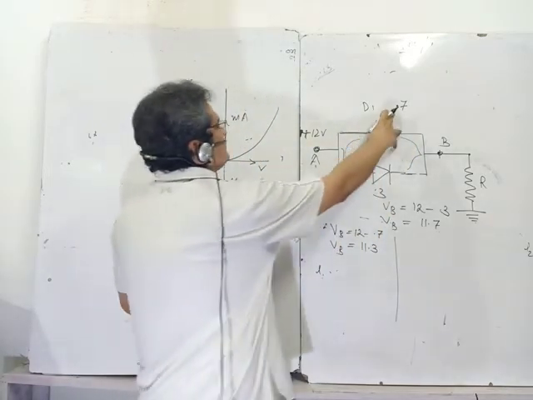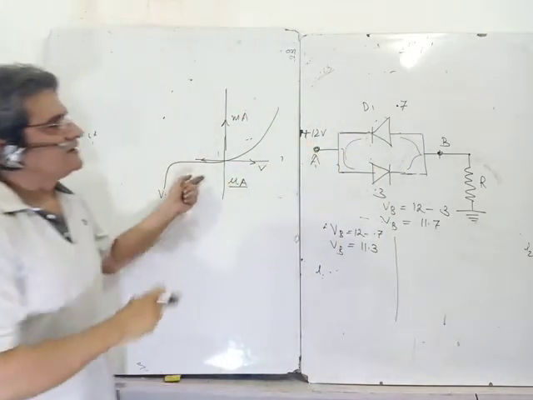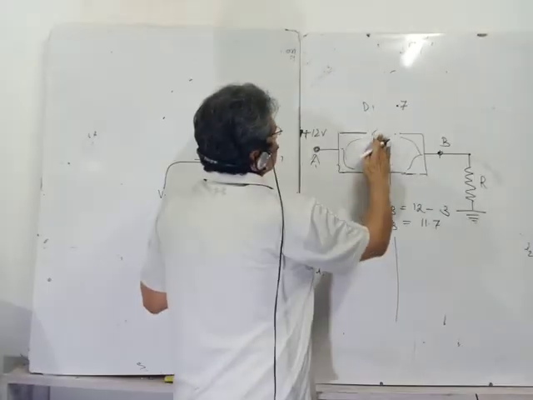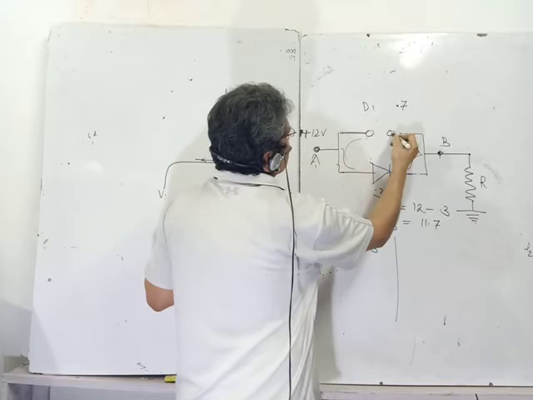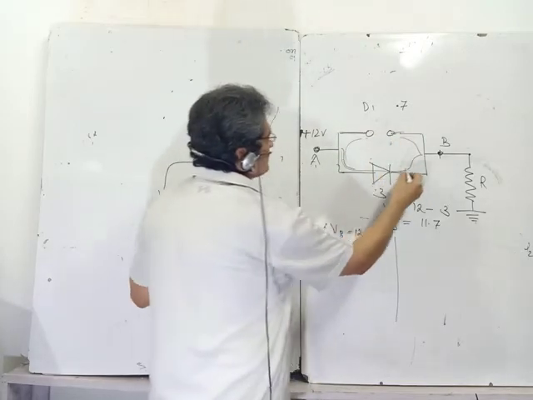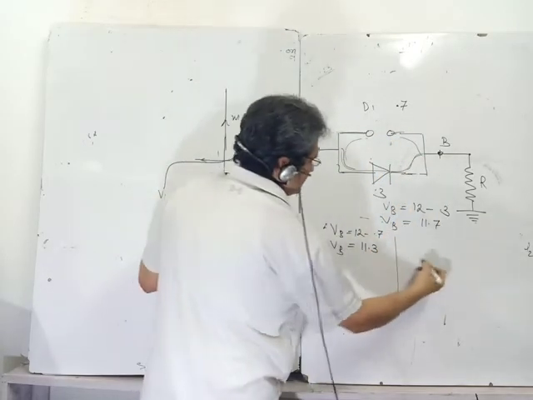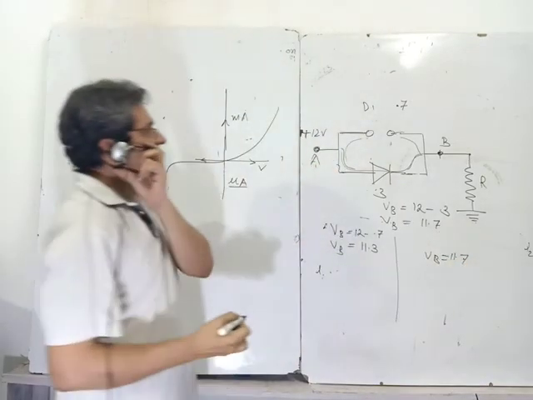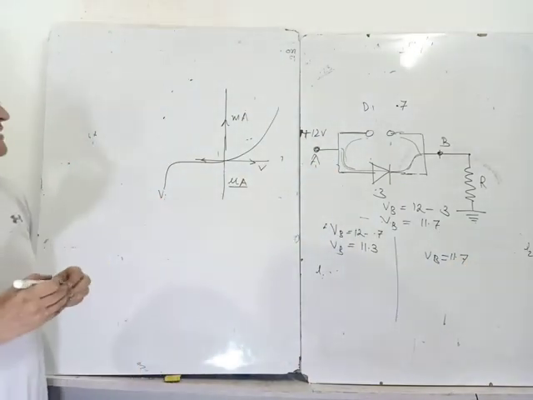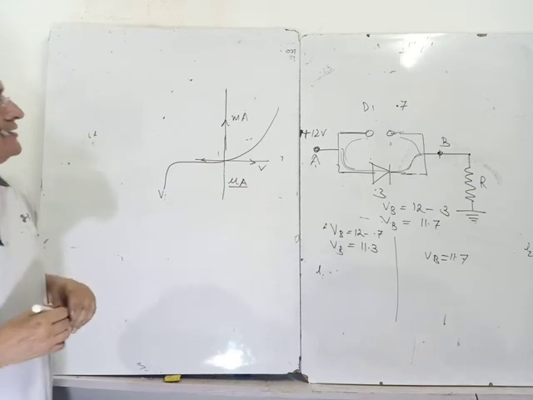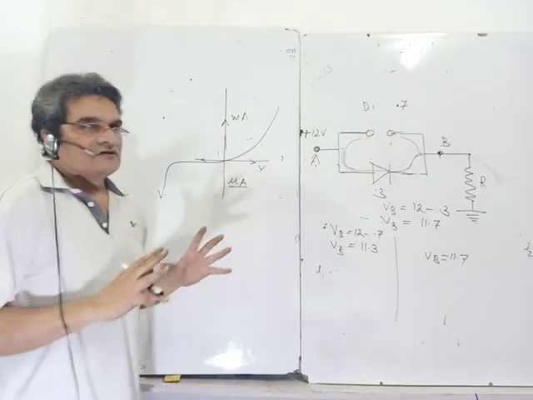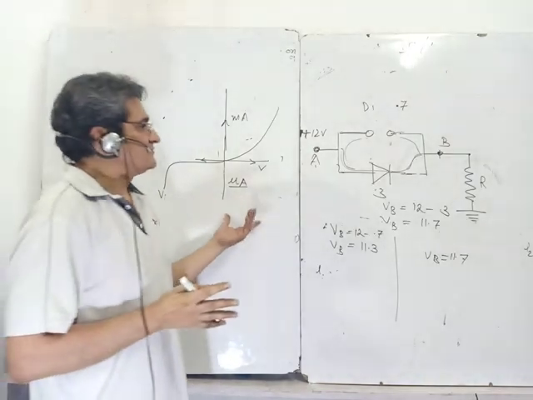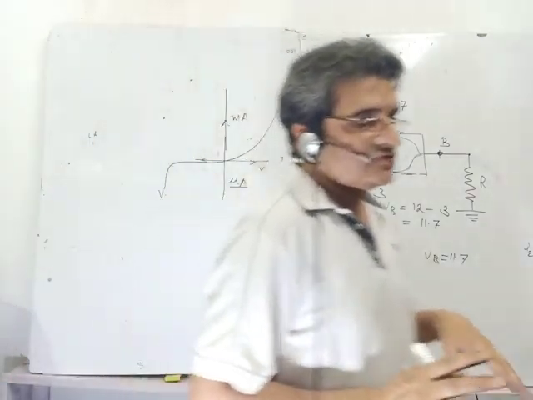Now this is reverse bias, so the reverse bias, it is as good as blocking the flow of current. So just in your mind keep it open kind of thing. So VB remains 11.7 in that situation. So you have to keep in mind the situation, and reverse bias, forward bias, when they are in series, when they are in parallel, don't add them like resistance when they are in parallel. That has to be kept in mind.